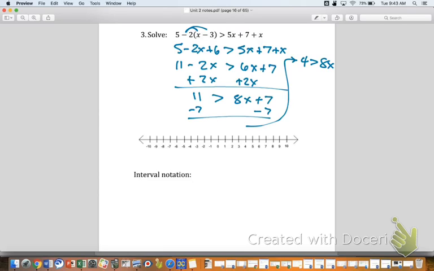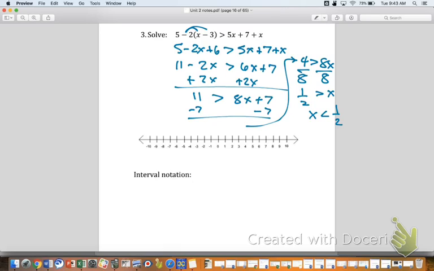And to finish it off, how do we get the x by itself? Divide by 8. So you guys get 1/2 when you reduced it? Again, that's a slightly uncomfortable notation. Maybe you want to write it like this: x is less than 1/2. That's the more standard way of looking at it, writing the variable on the left and the number on the right. So what kind of symbol goes on the 1/2?